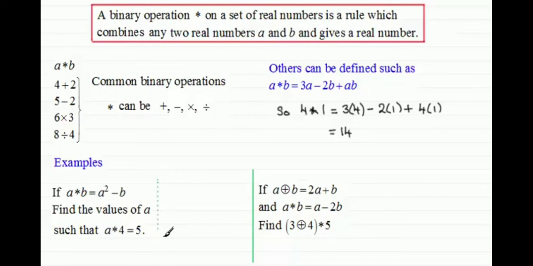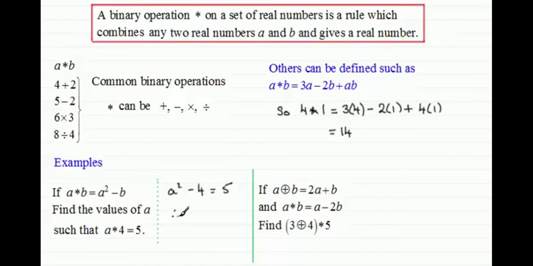First, in the operation a star b, instead of b I have to substitute 4 and equate the answer to 5. So a star 4, a square minus 4 is equal to 5.